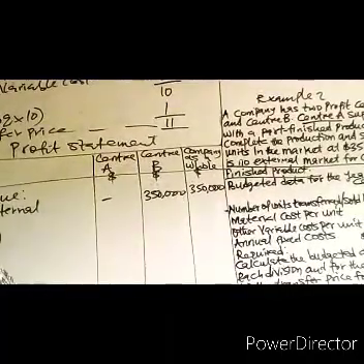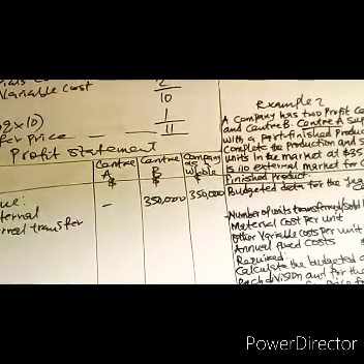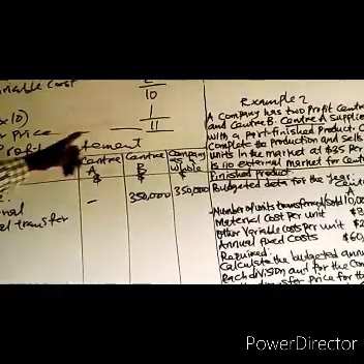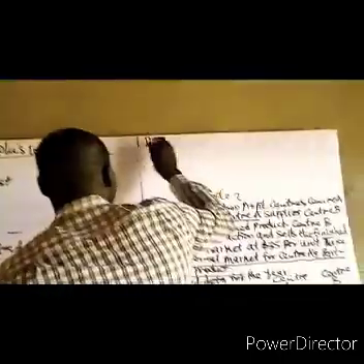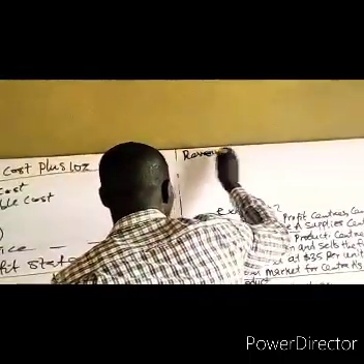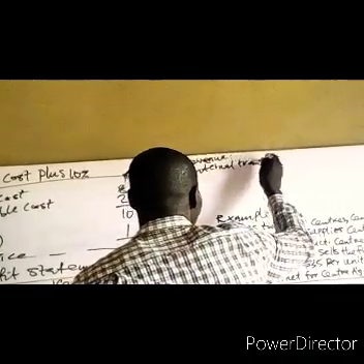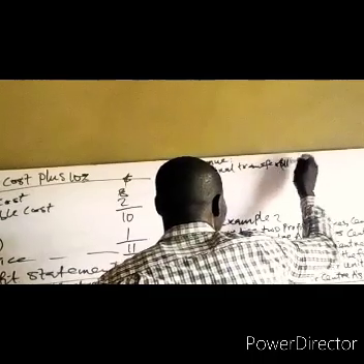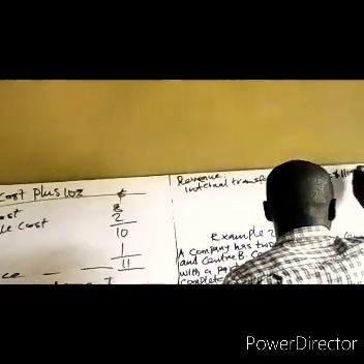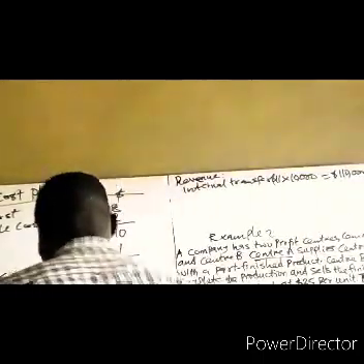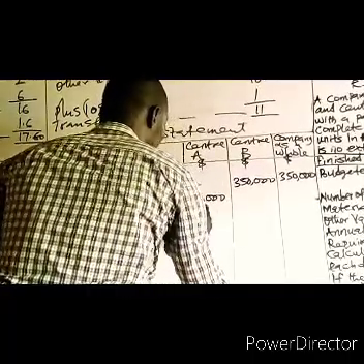Then revenue from internal transfer. Center A wants to transfer at $11. Revenue from internal transfer, internal transfer at $11 times the quantity transferred, and that will be $110,000.